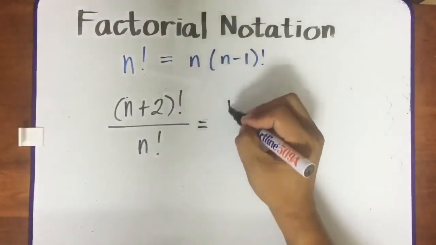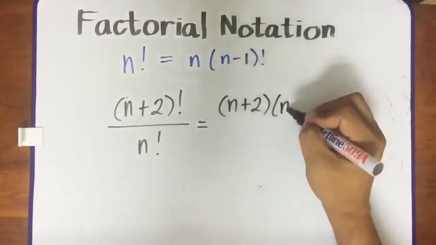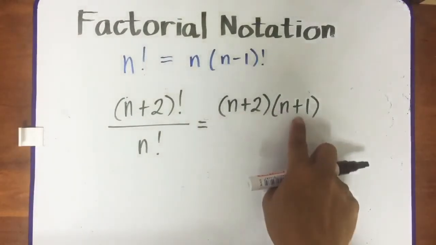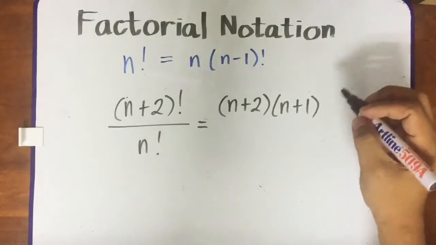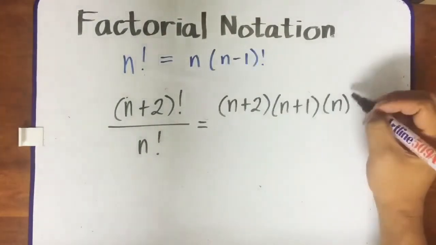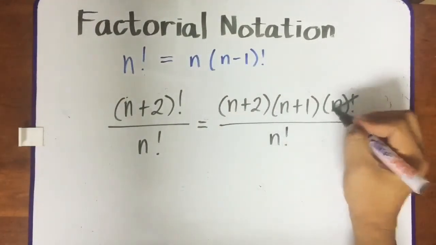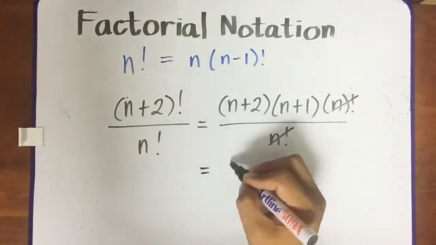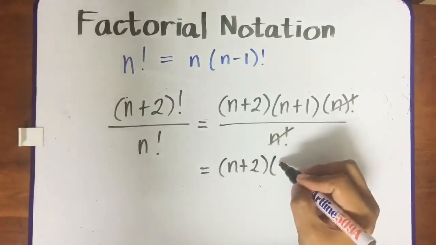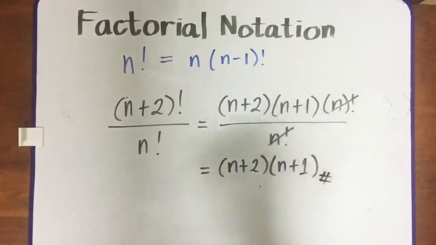Let's write it: n plus 2, n plus 2 minus 1 is n plus 1, and n plus 1 minus 1 is n. So we'll end with that because this is n factorial. I have n factorial over here and this will become n factorial. You cancel this out, and you'll get the expression n plus 2 times n plus 1. Thus the answer will be this.